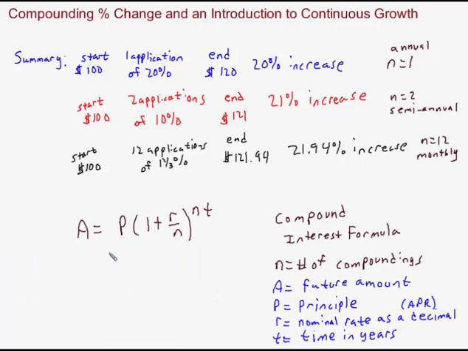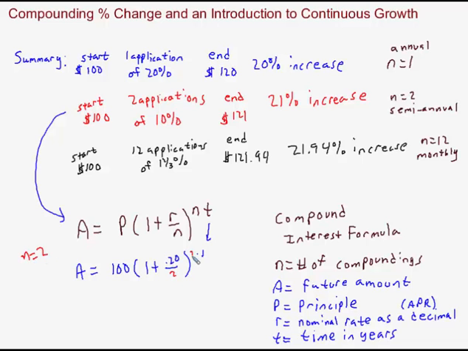So just because you're infinitely patient, I want to redo the second part using this formula where my P was still $100 initially, and the rate is still 20%, that's 0.20 as a decimal, and we are still putting the money in for 1 year. The difference is that our n value has changed now from n equals 1 to n equals 2, and we did semi-annual compounding where we did 2 applications.